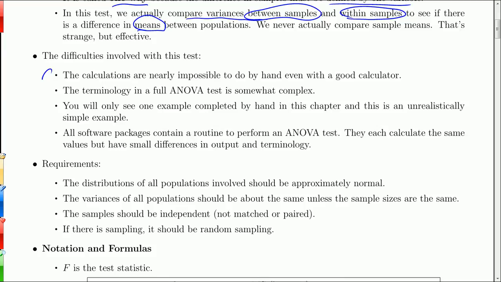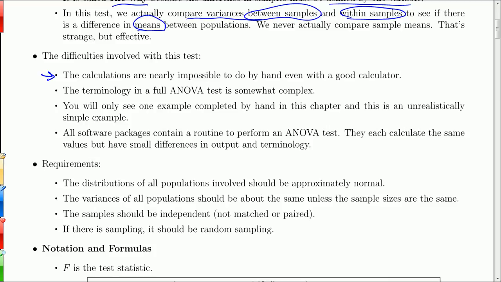The difficulties with this test: the calculations are nearly impossible to do by hand, even with a good calculator. There are some very simplified examples where it can be done, but they're oversimplified. Then there's finding critical values.